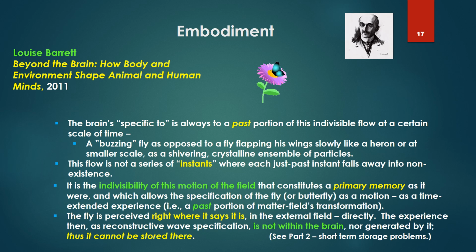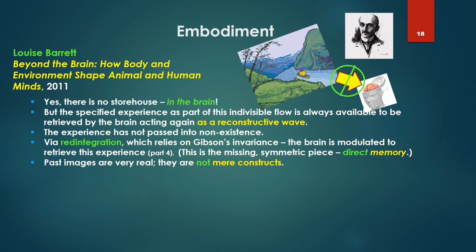This is why the memory cannot be stored, but it's also why it can be retrieved. Yes, there is no storehouse in the brain, but the specified experience as part of this indivisible flow is always available to be retrieved by the brain, acting again as a reconstructive wave. The experience is not passed into non-existence. Via the operation of redintegration, which we discussed heavily in part 4, and which relies precisely on Gibson's invariance, or what I term the invariant structure of events, the brain is modulated to retrieve this experience.